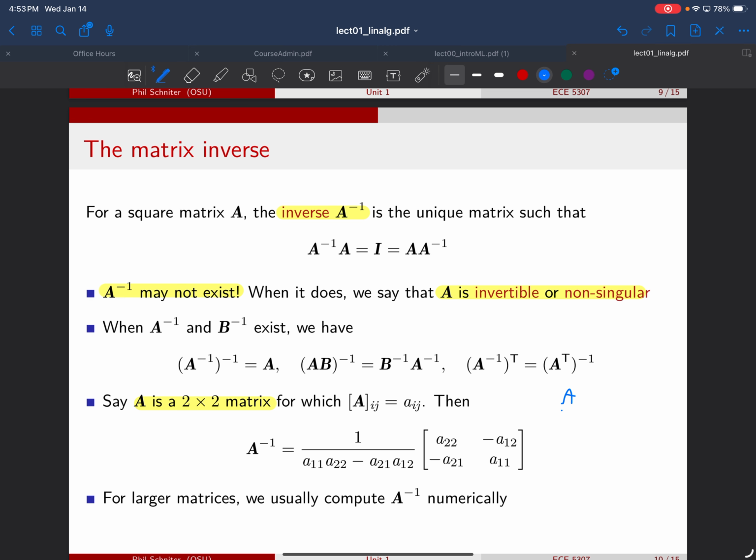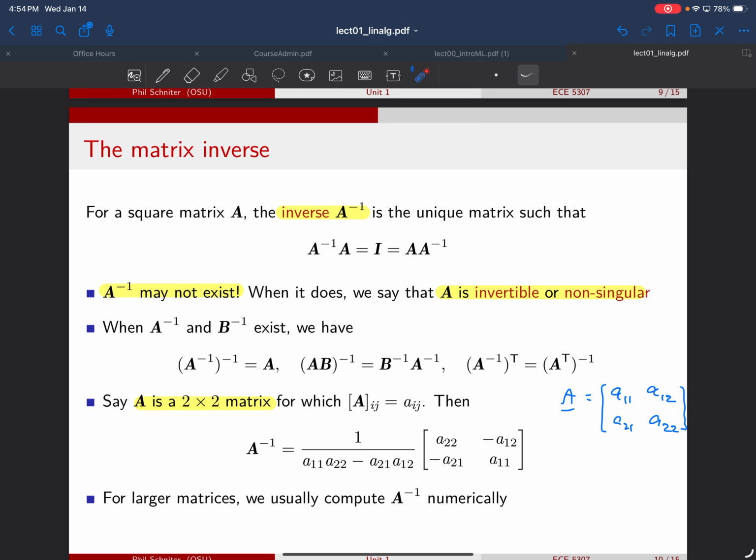That means the A matrix looks like this: A11, A21, A12, A22. So what I have over here is I have swapped those two, and I have negated those two. So I do this swap and negation, and then I'm dividing by this quantity over here, and this will give me the inverse.